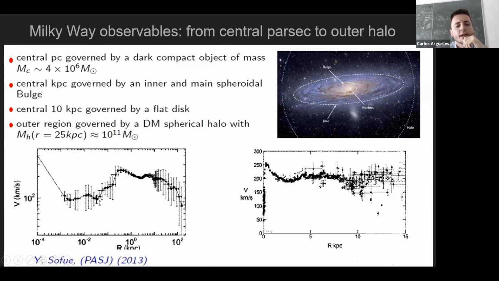Of course, the error bars here are larger because they show the non-purely circular motion, because there is also a bar, as you may know, at the center of the Milky Way, but this is a rotation curve accounting for the non-circular motion, and here it extends the rotation curve.